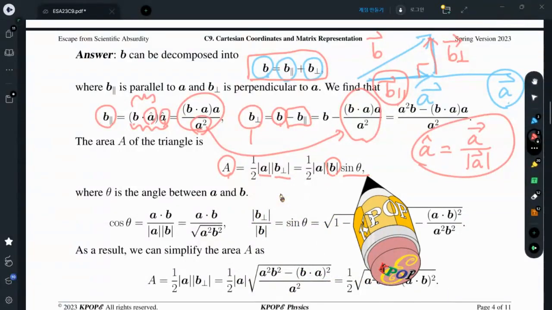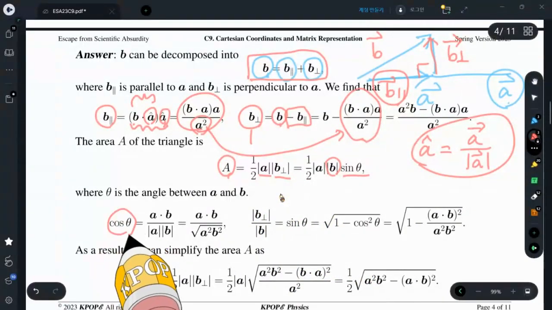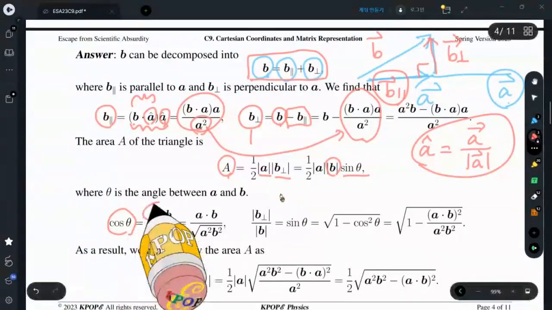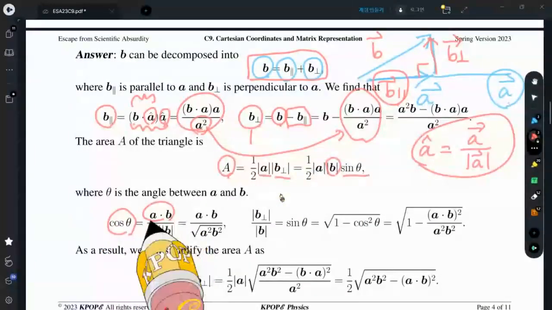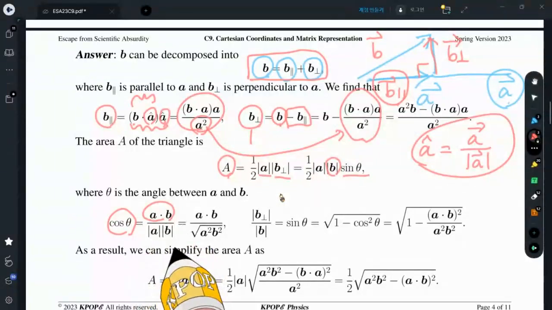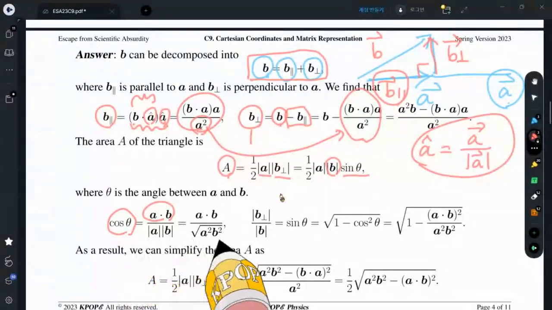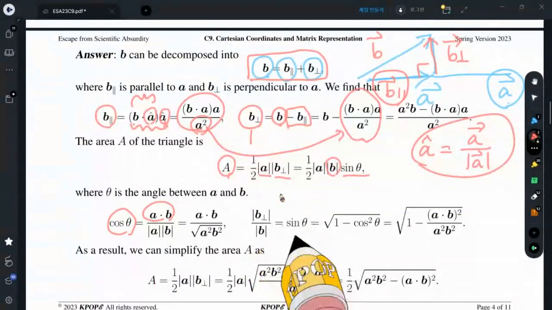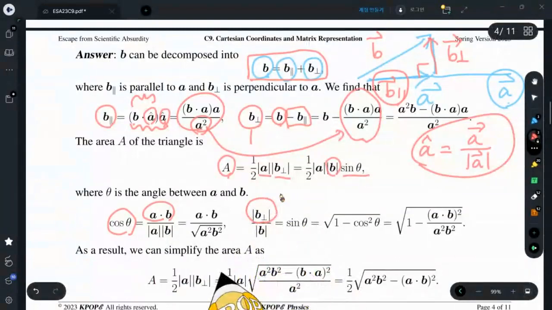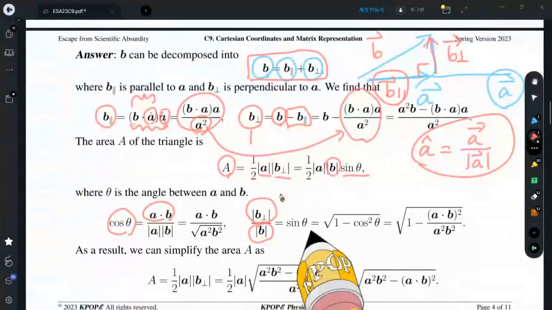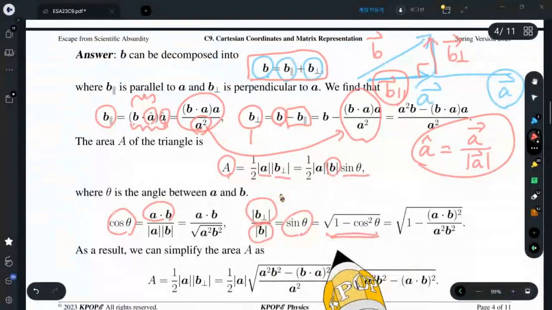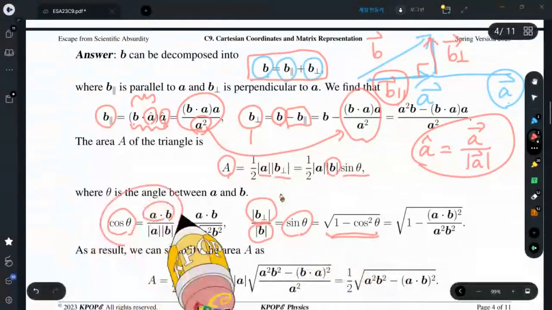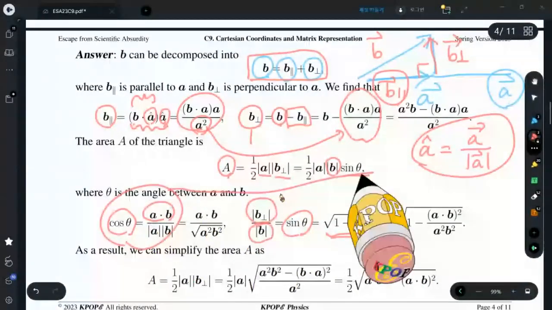All right, so we recall that cosine theta can be computed by taking the ratio of the scalar product of A and B divided by the product of the magnitudes. Therefore, sine theta is the magnitude of B perp divided by the magnitude of B, and that can be re-expressed in terms of the Pythagoras theorem, substituting this cosine theta in here.